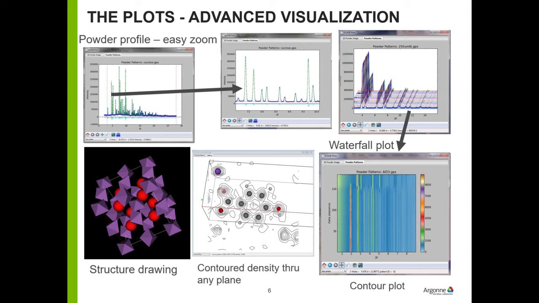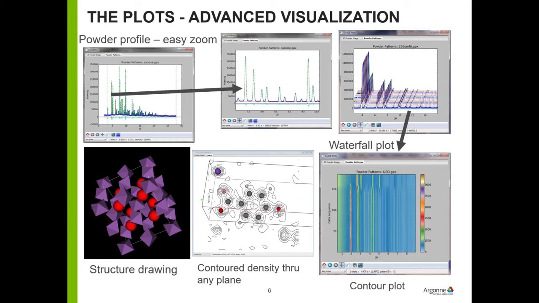For drawing the structure, you can draw, obviously, polyhedra, as well as ellipsoids, or spheres, or balls and sticks, or just sticks, and so forth. For drawing the individual structures, you can also display a contour density through any plane if you've got a Fourier map.